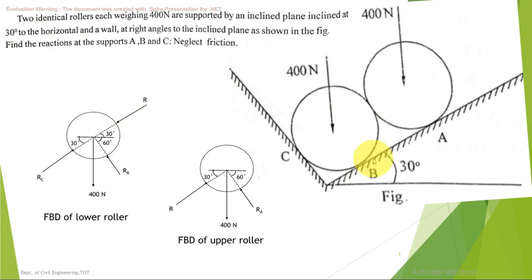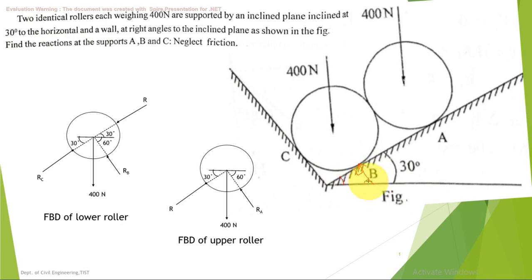First let me take the reaction RB. For marking angles, always look at the question figure. RB will be acting perpendicular to this plane, so in this direction you have RB. Now you can see a small triangle forming over here. The plane angle is 30 degrees, and the reaction is perpendicular to the contact surface, so this angle will be 90 degrees.